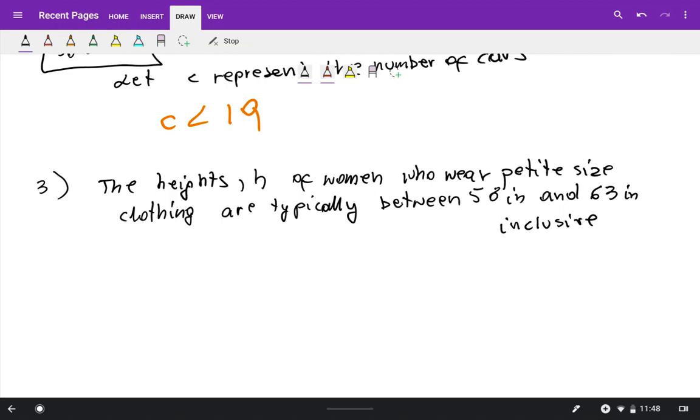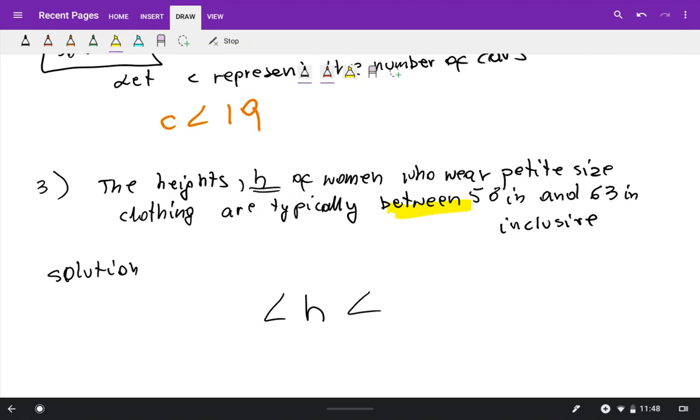So we need to translate that. So again, the height. Now we're talking about the women who wear petite size, and we're told that they are between 58 and 63 inches. Between means that you have a compound inequality, okay?